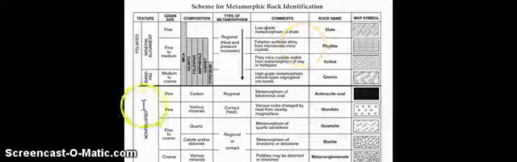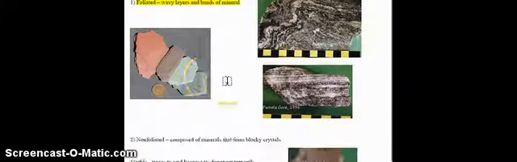Opposite of that is non-foliated, and that's lower on your reference table here. So if we go back to our notes, non-foliated rocks are going to be composed of minerals that form blocky crystals, okay? These, I think, are the hardest rocks to identify, but if you think about what their parent rock was and you try to identify that within it, it might help you identify it a little bit better.